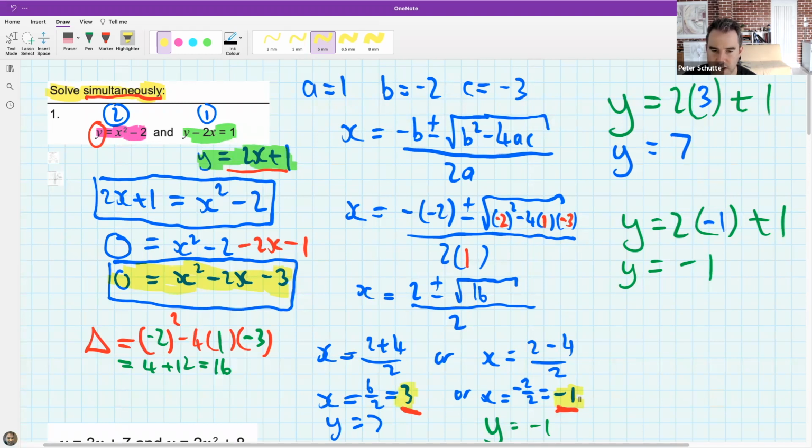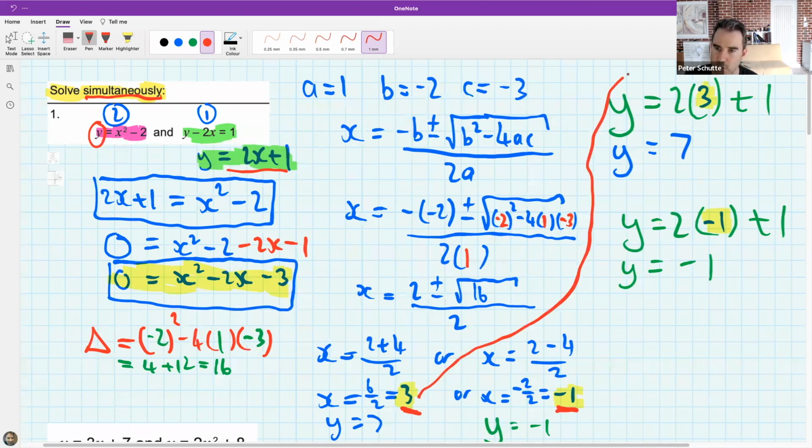And then once we found x, we put the x's into the other formula to find the y's. So Sipo, what we did is we took the x value that we found, which is 3, and we put it into the formula up here. And that's how we got 7. And then we did the same thing over here.